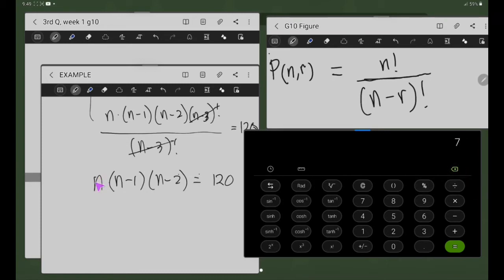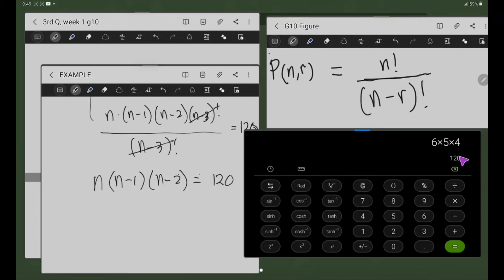So i-try natin yung 6. Ito 6 times ito 6 minus 1 is 5, so times 5. Ito 6 minus 2 is 4, so times 4. So this is equal to 120.